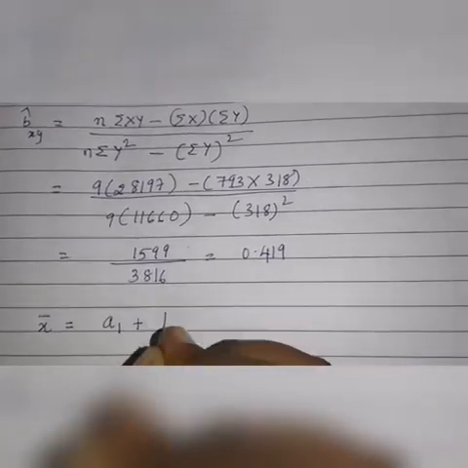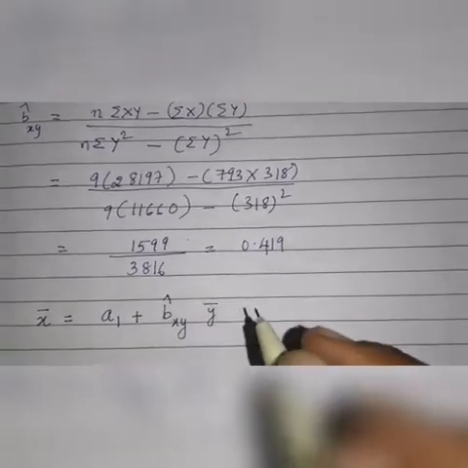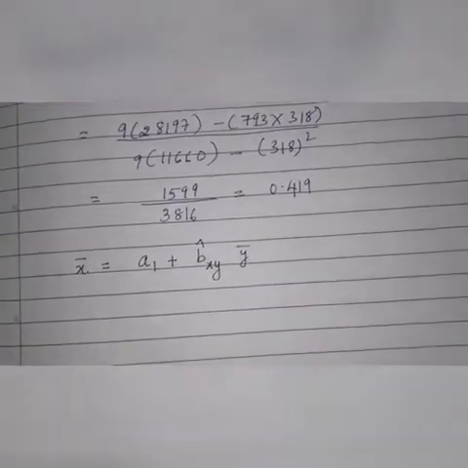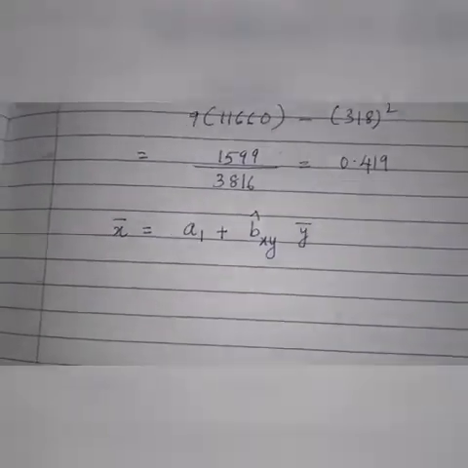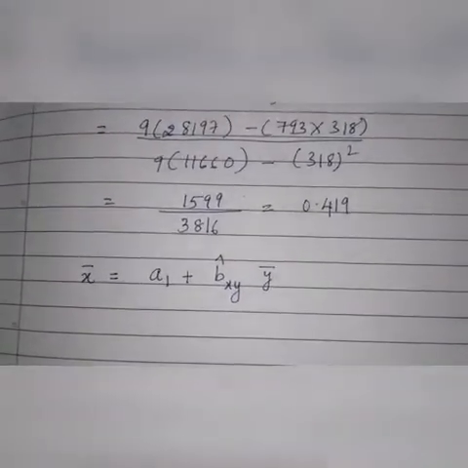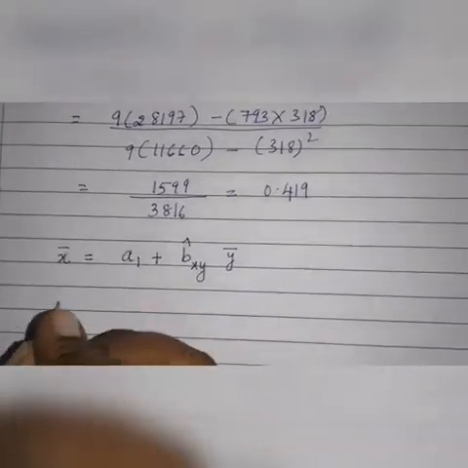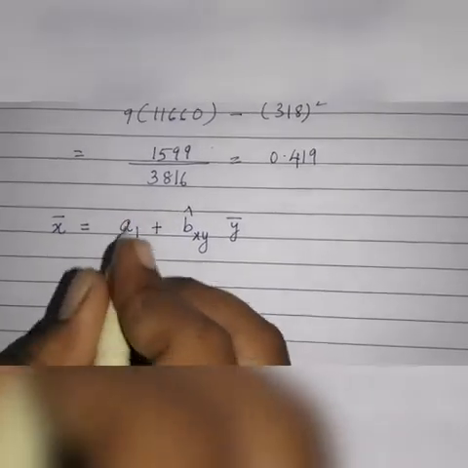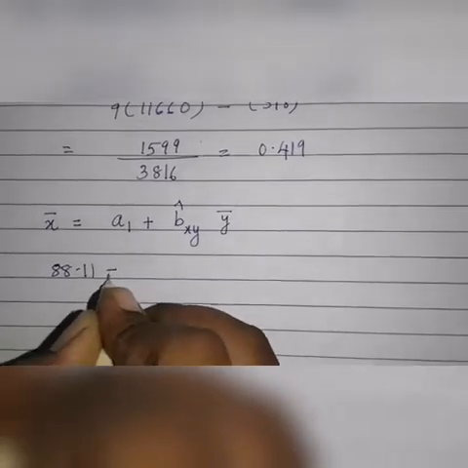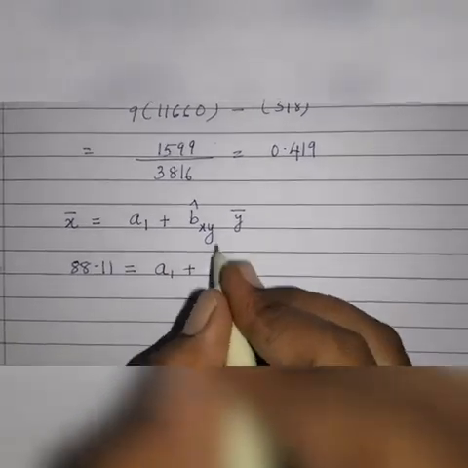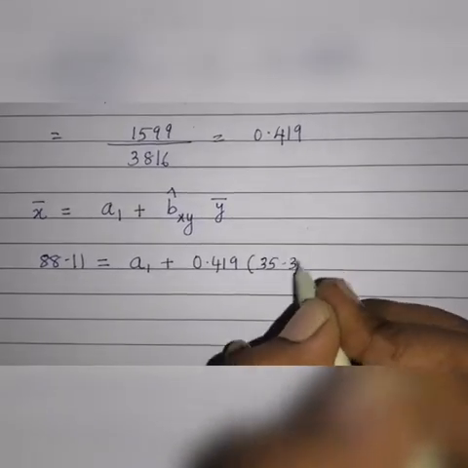Okay, now the formula is x bar is equal to a1 plus b cap x on y into y bar. How do we calculate the value? Just substitute the values here. To calculate a1, x bar is 88.11, which is equal to a1 plus 0.419 into y bar, which is 35.33.